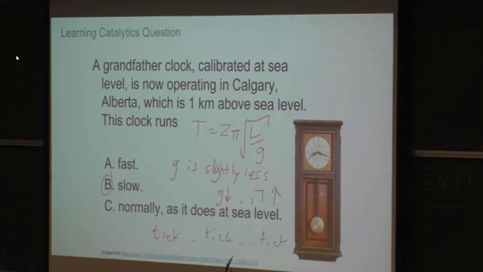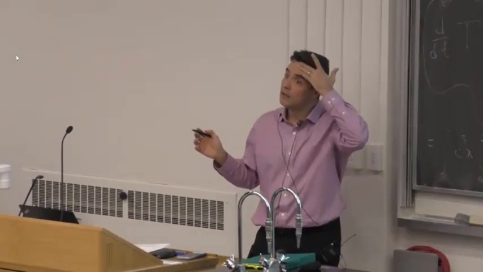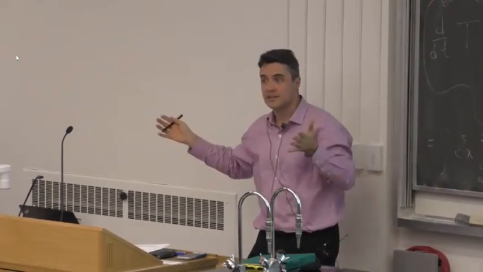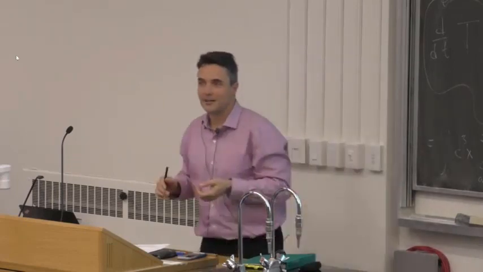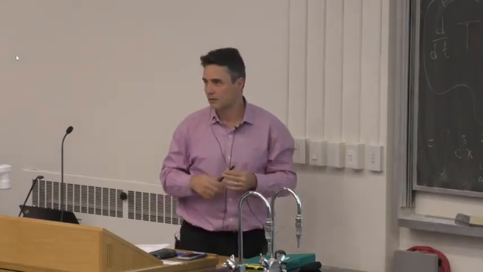The time between ticks is longer, so after a minute, it's only ticked 59 times, so it's running slow. And it will lose time, so that by the time it says it's 5 o'clock, it's really 5:15 or something, and you're late for class. Make sense? Slow clock.